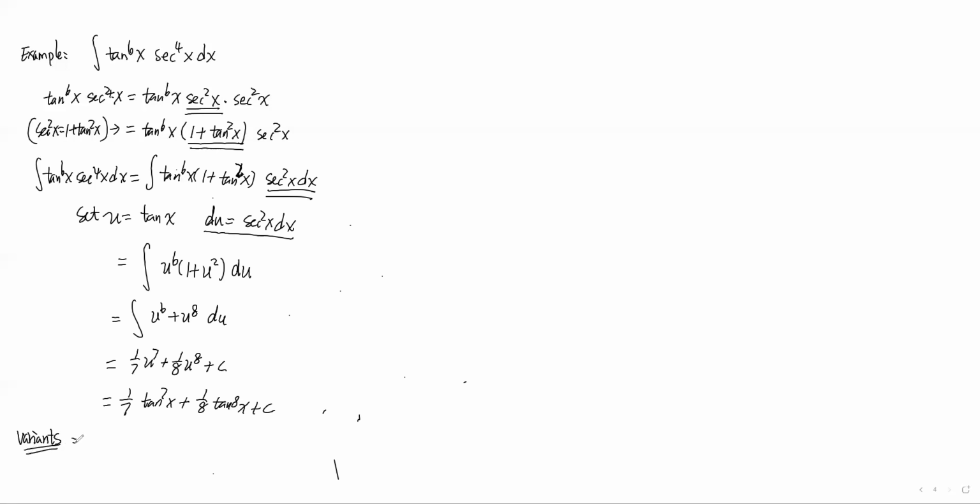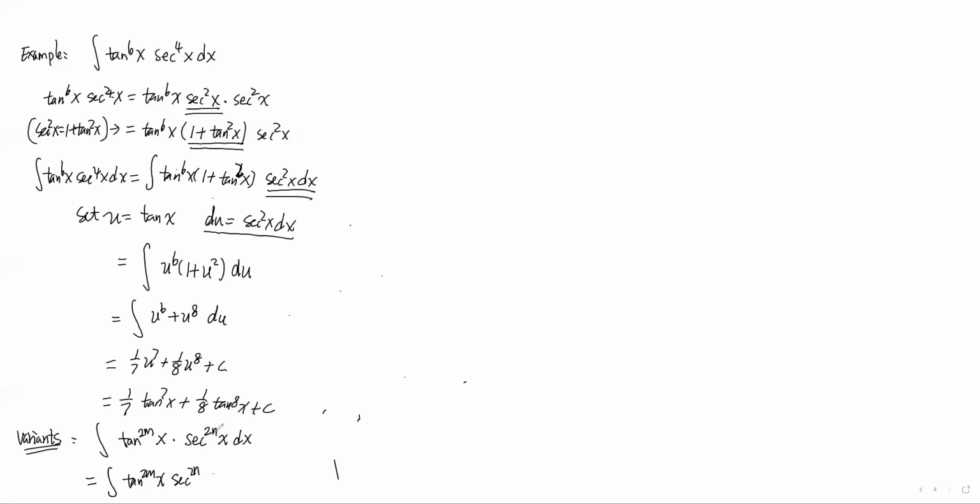So if the problem is like this, tangent power 2m x, secant power 2n x dx, the method is the same. You separate tangent 2m x, secant 2n.